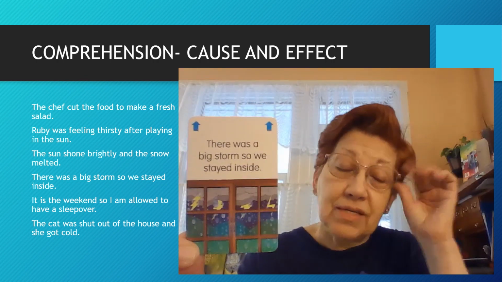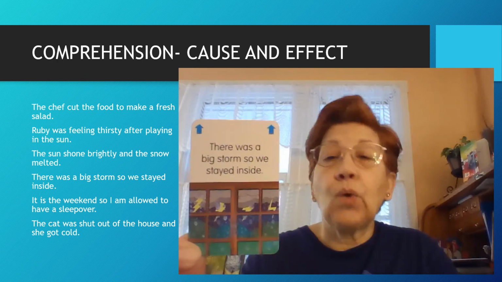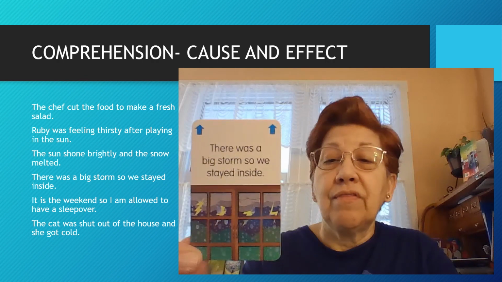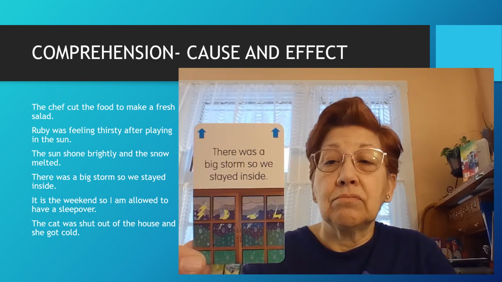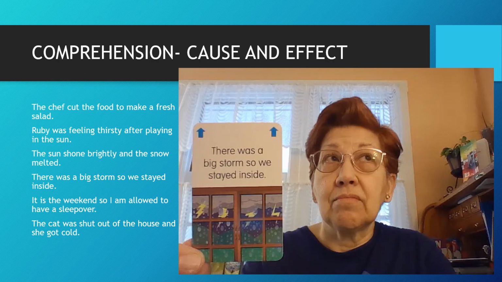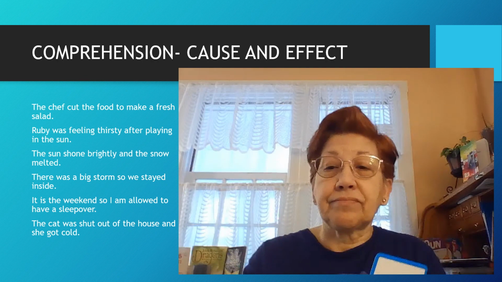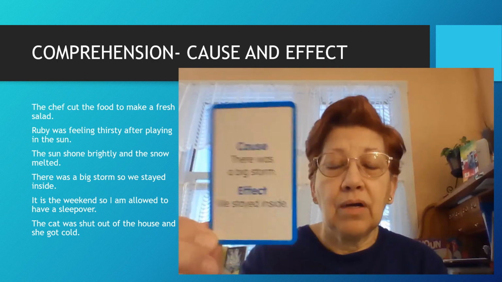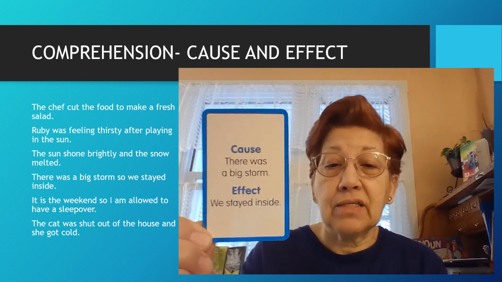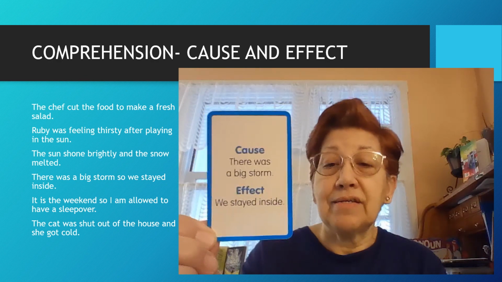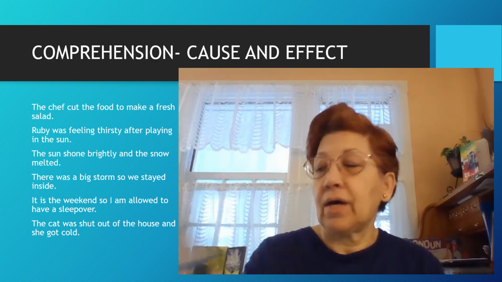Okay, so we have this big storm that's going to be the thing that makes what happen? What happens? We stayed inside, right? So that's the outcome. Okay, the cause was the big storm, and the effect was we stayed inside. Got it? Okay, excellent.